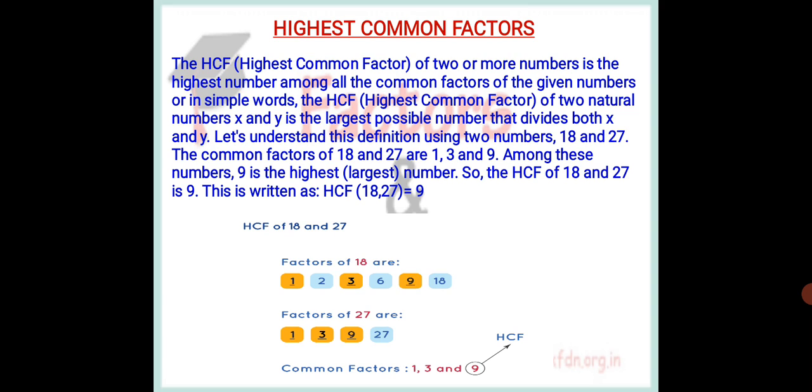Or in simple words, the highest common factor of two natural numbers x and y is the largest possible number that divides both x and y. So let's clear the thing with an example.